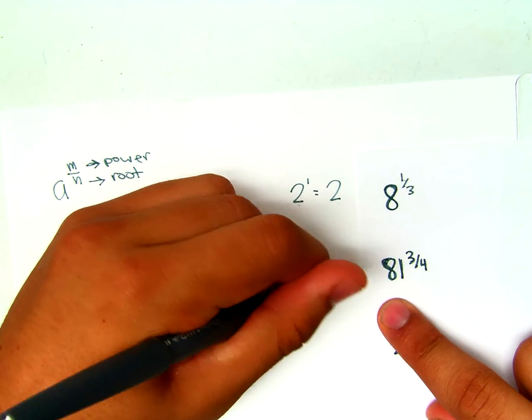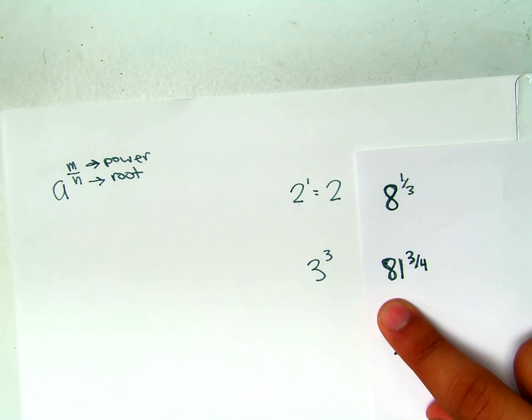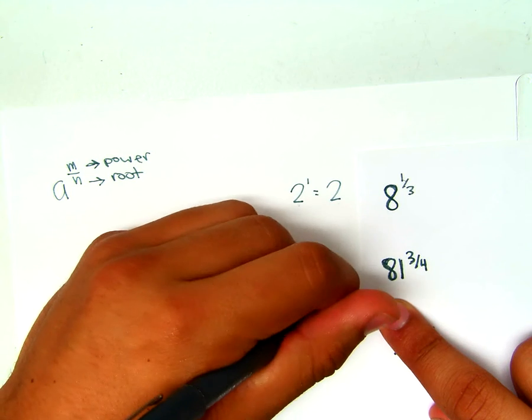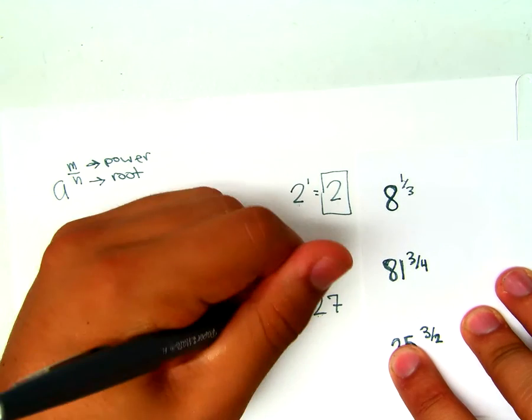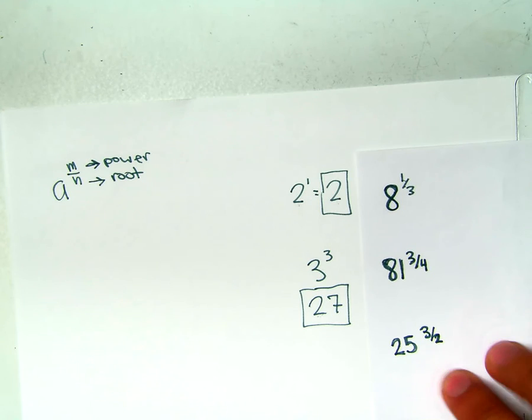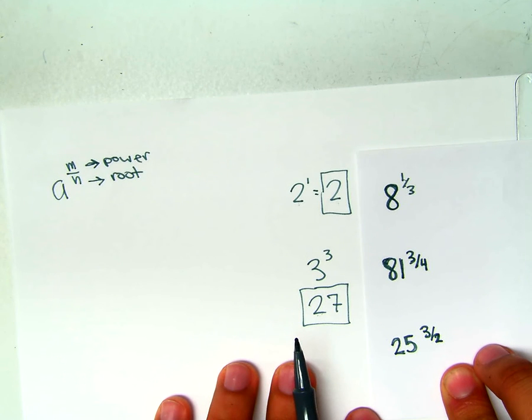So now we still have this power left. What's 3 cubed? 27. So we have 2 for this one, 27 for this one, and then here it's the same idea. We want to take the root first.